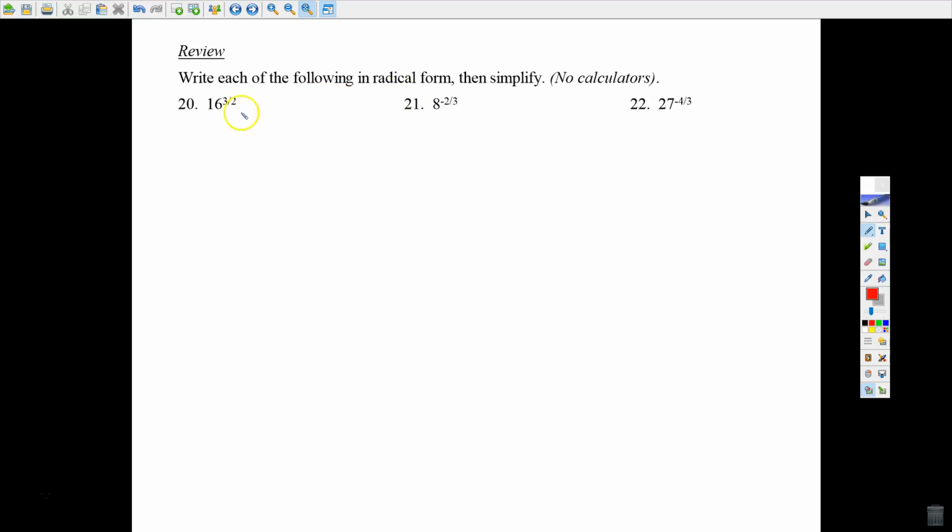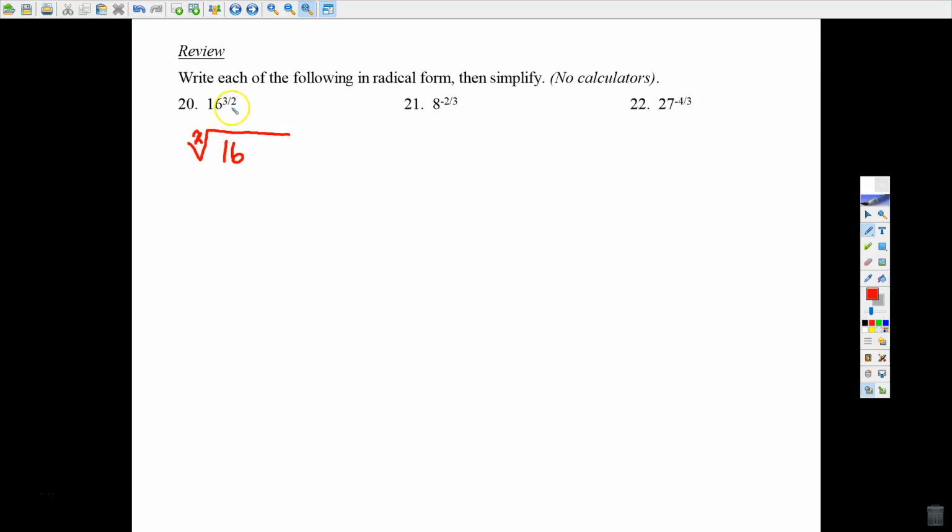Okay, I want you to know how to handle rational exponents. We need to turn these first into radical form. So this fraction works like this. We know 16 is going to go into the radical, but the bottom part of the fraction will always be the root. Now I'm going to write 2 in here, even though we technically don't write 2 for square roots, but I just want you to see where these two parts of the fraction are going to go.